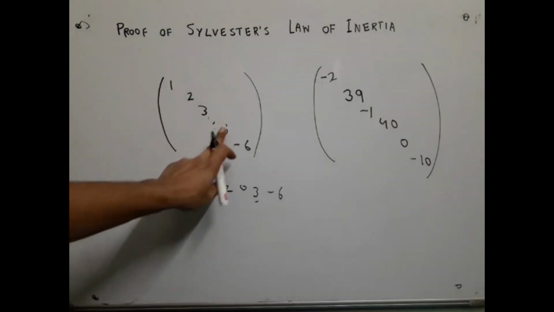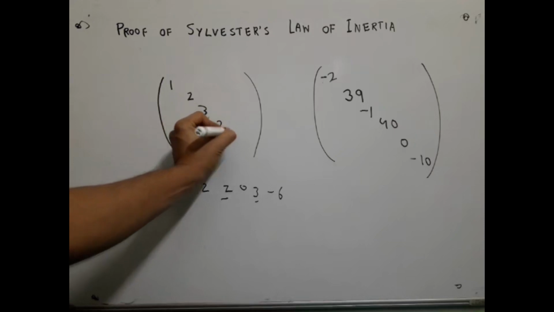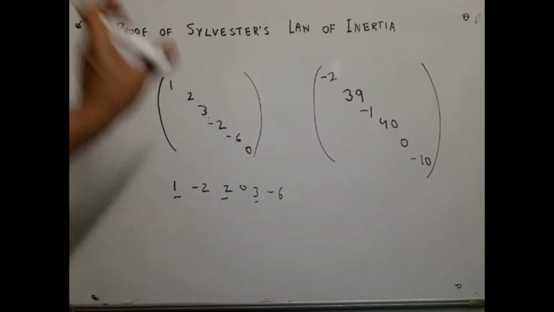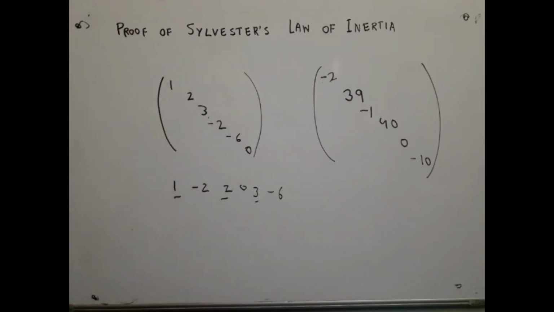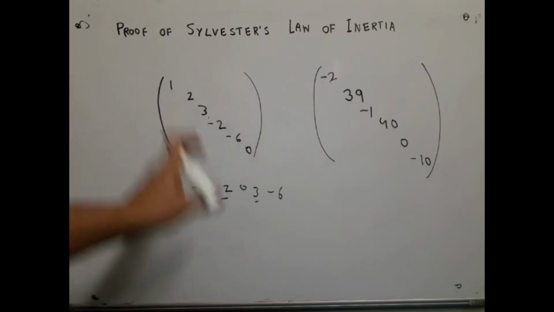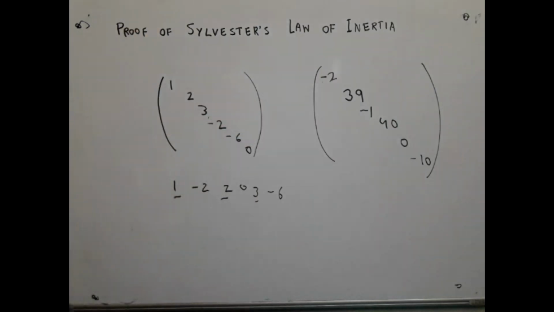They were minus 2 and minus 6. So I bring them here and the 0 is at the end. By doing this, I am still in the same congruence block as my original matrix. So if I can show that these and these cannot be congruent to each other, still I have shown what I wanted to show.